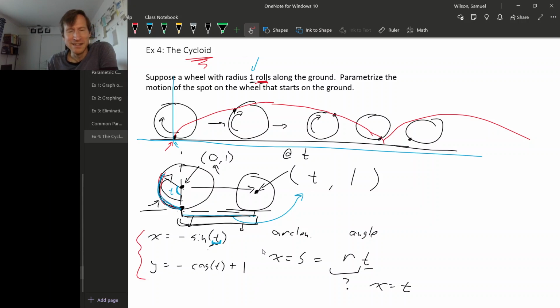All right. So now we know that the point on the wheel that we're watching moves around the center according to these parametric equations, but then the center of the wheel is moving according to these parametric equations. To put these together, we can just add, right?